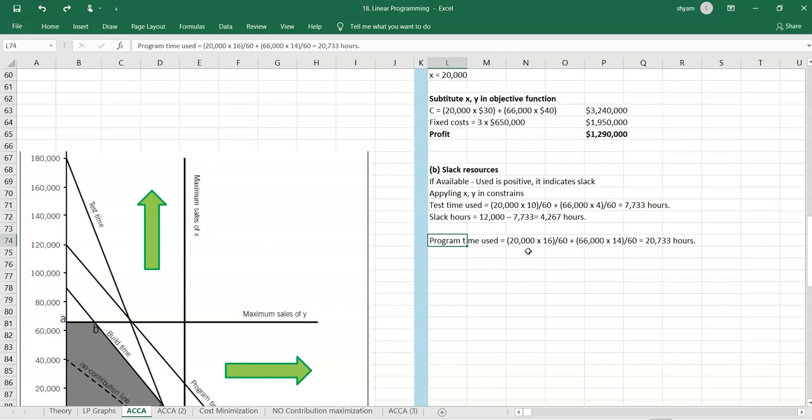Program time: if we apply 20,000 of x multiplied by 16 minutes divided by 60 minutes, plus 66,000 units of y into 14 minutes per y divided by 60 minutes, we get 20,733 hours.